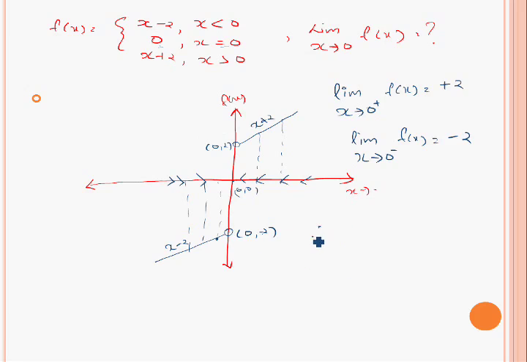Therefore, left hand limit not equal to right hand limit. So we can say that limit does not exist for f of x at x equals 0.